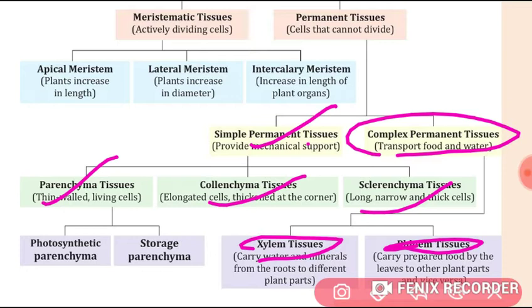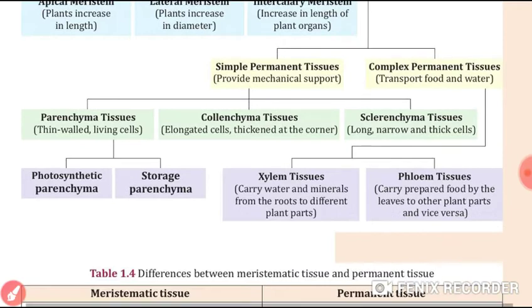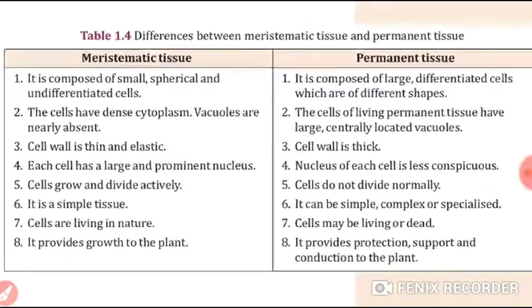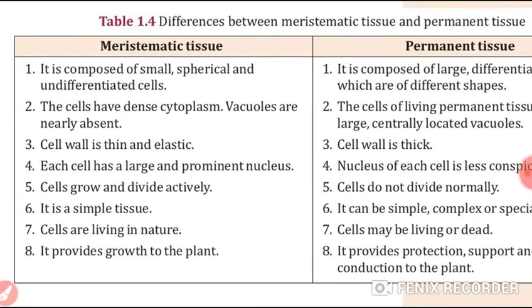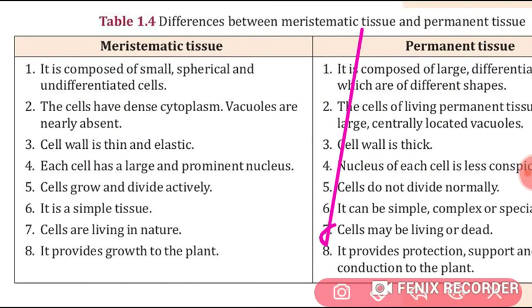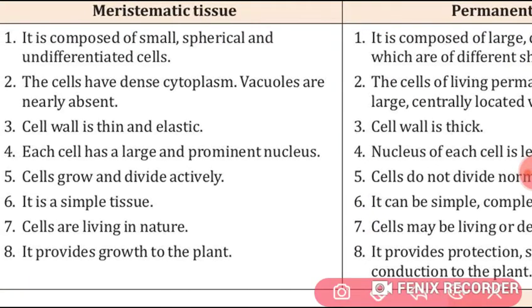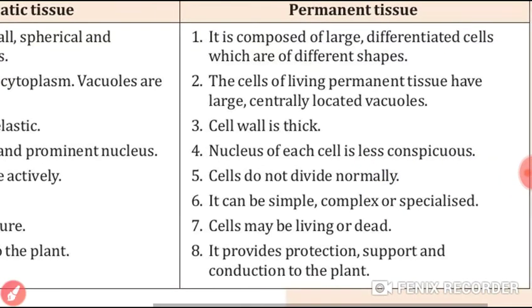Listen, students. Now I will tell you about the differences between meristematic tissues and permanent tissues. First of all, meristematic tissue is composed of small, spherical and undifferentiated cells, while permanent tissue is composed of what?